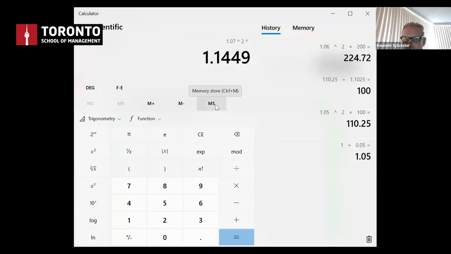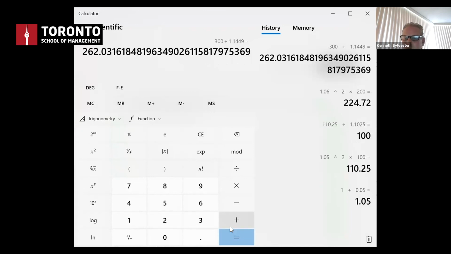Then I'm going to put that in storage. You can write it down or you can put it in memory store. And then I'm going to take the 300 and divide by the recall, and that gives me 262.03.